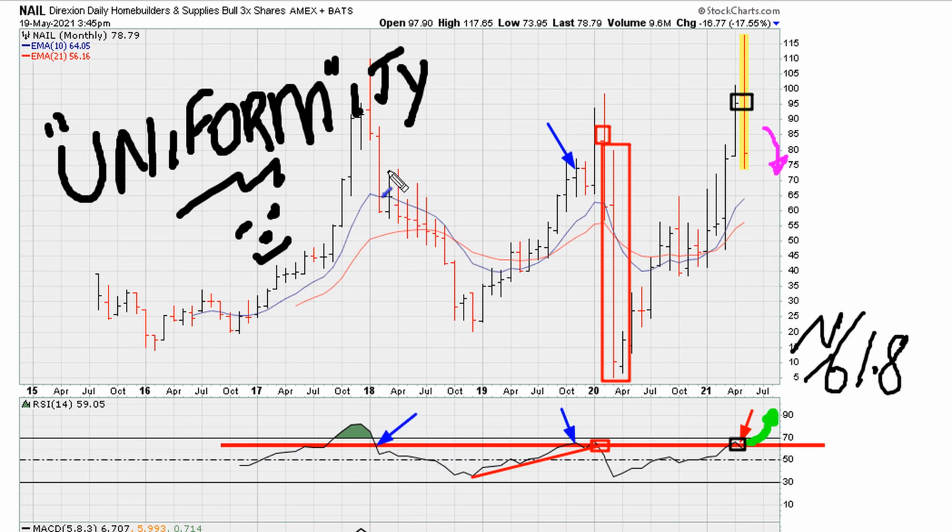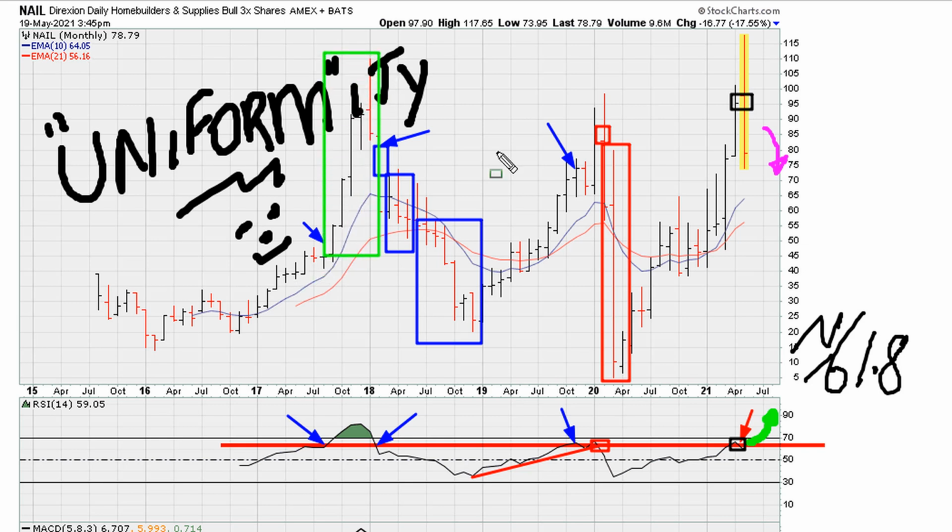We broke below it and prices went lower. And then notice we had gone above this area for a very strong push to the upside. So this area around RSI 61.8, if you know what you're looking for, can be of great guidance.